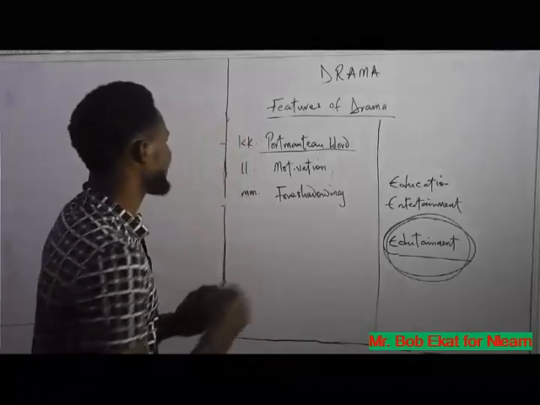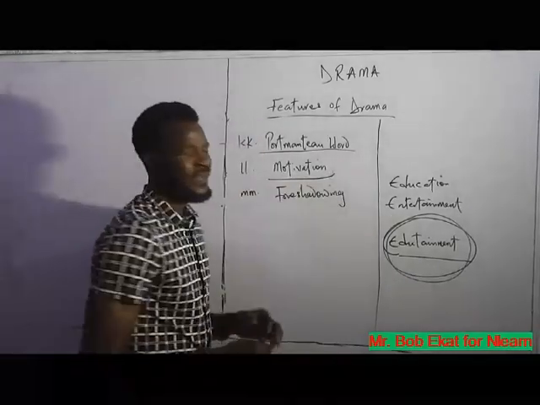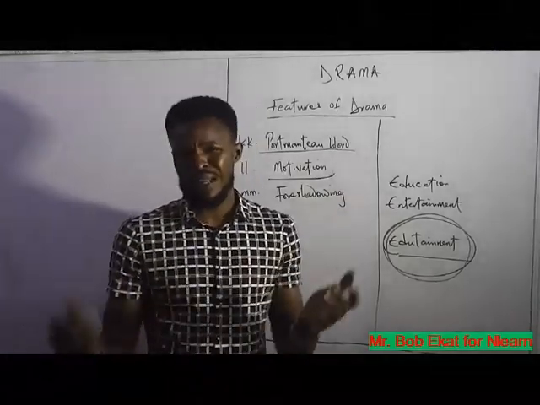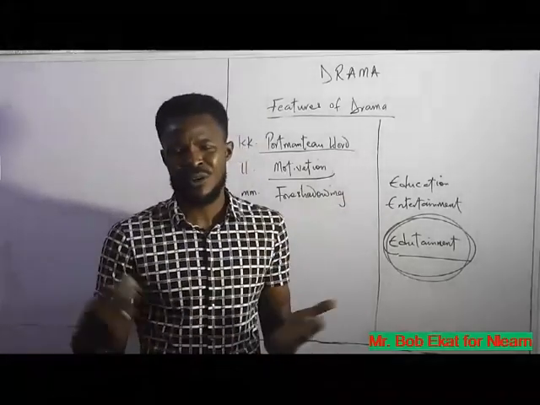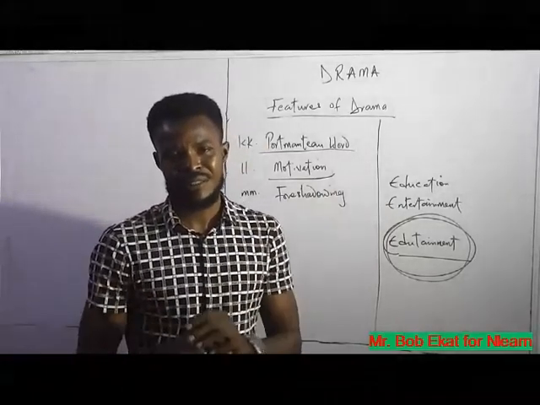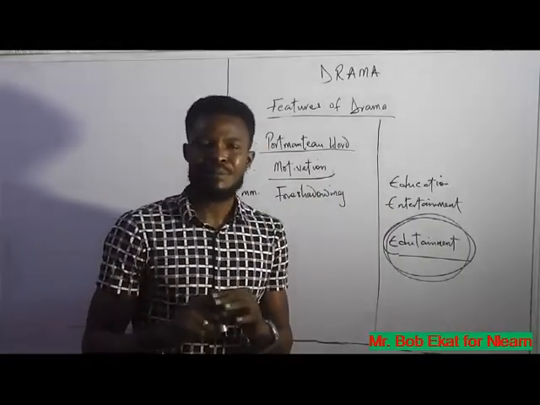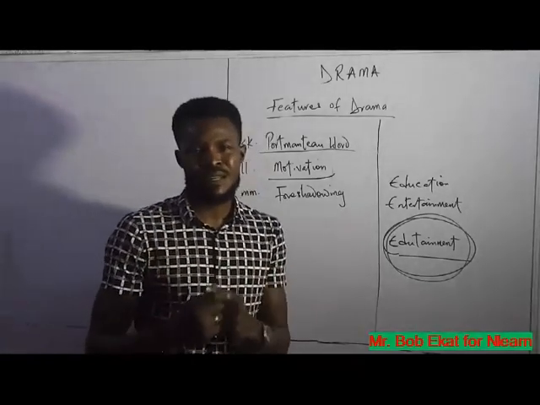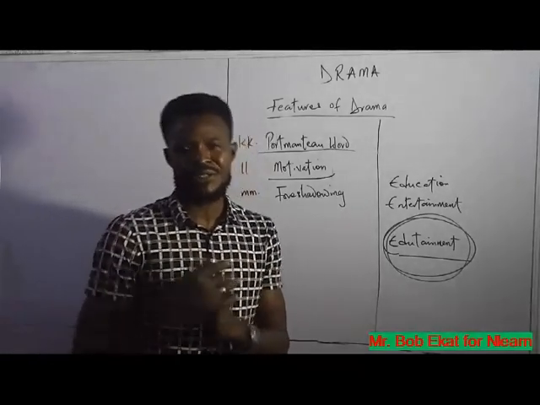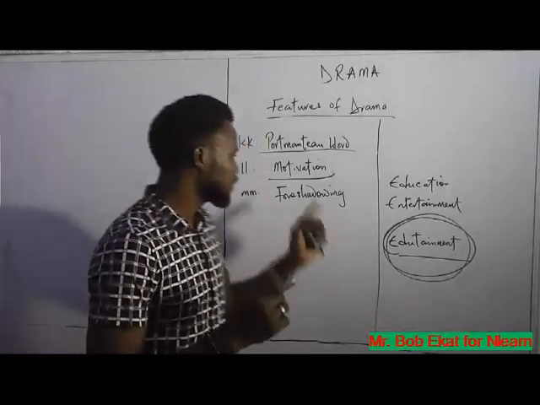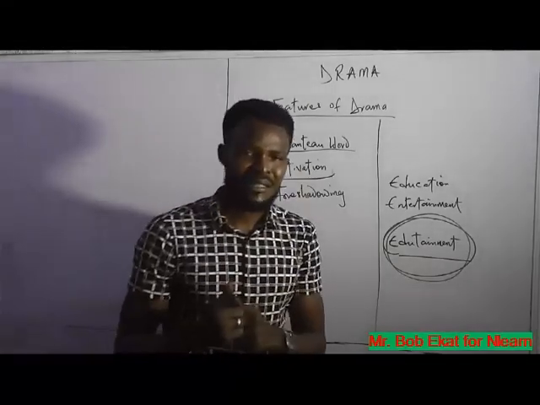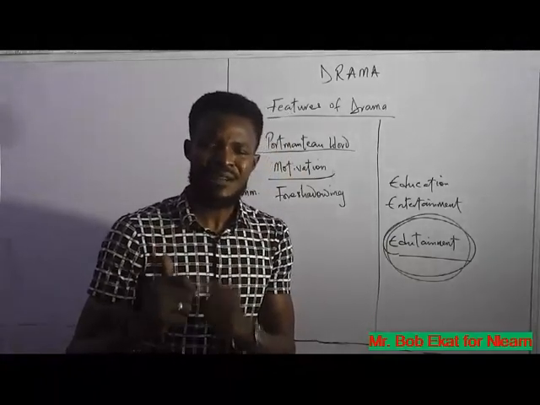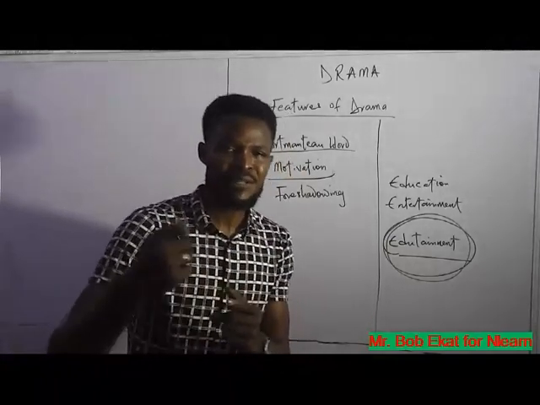The next is motivation. Motivation here is unlike the normal social or work motivation. It is about the rationale for characters. Every character in a play performs actions, and so what is meant here is that the basis for every action of every character must be understood.